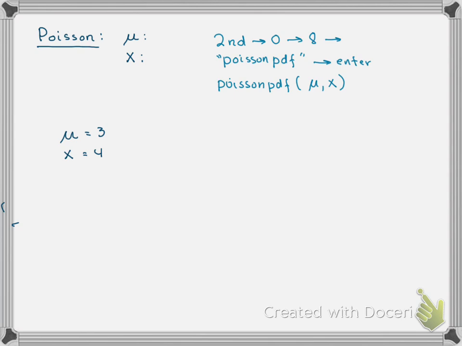And we get that the probability that in any given month 4 accidents will occur at that intersection is 0.168. Okay, so this is what you need to remember for that particular distribution type.